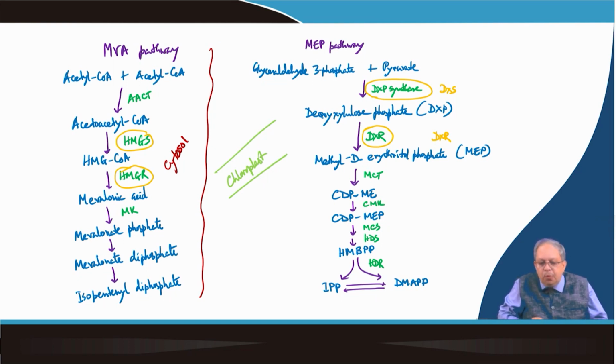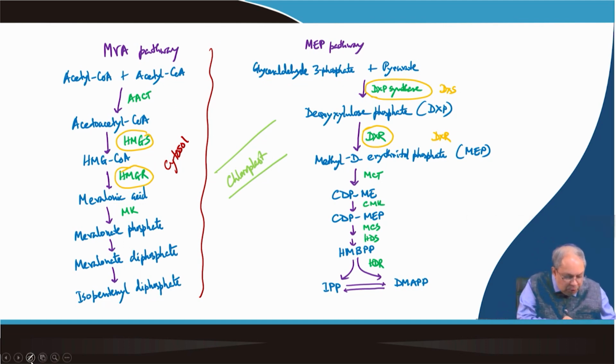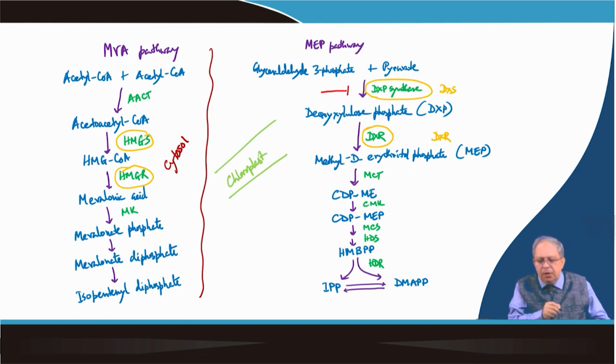And one interesting point is this, that there are several inhibitors available to block the MEP pathway. One of these is fosmidomycin, an antibiotic.